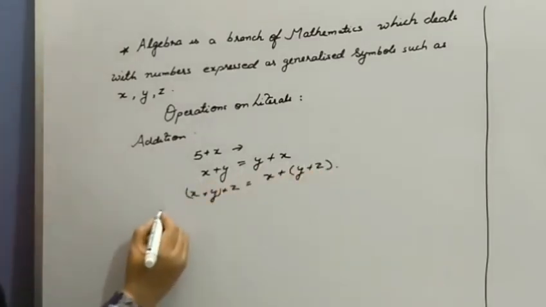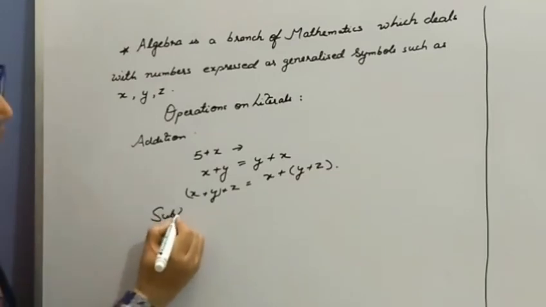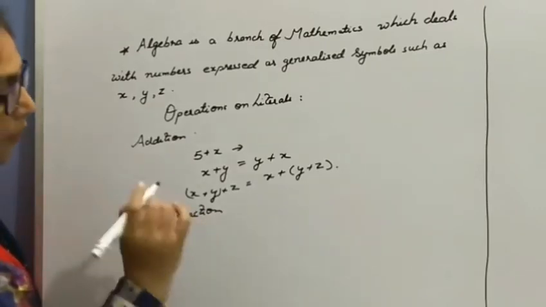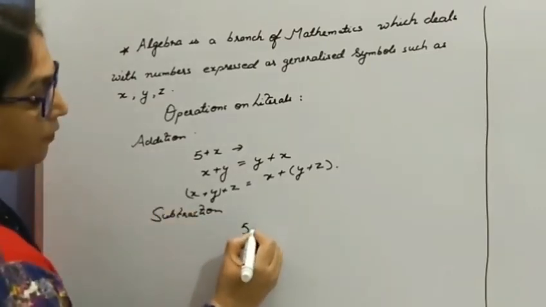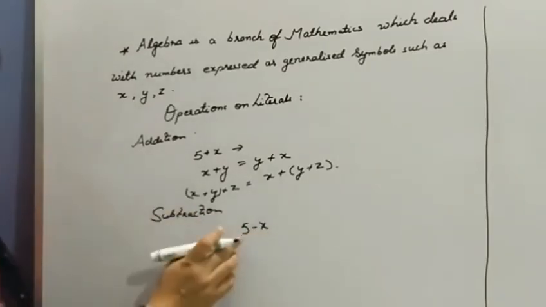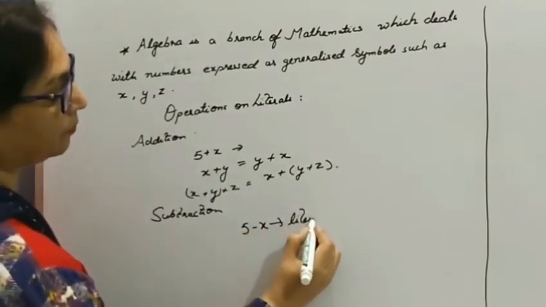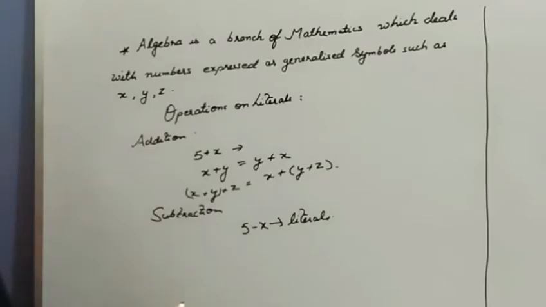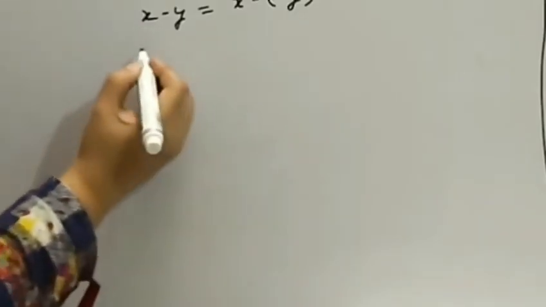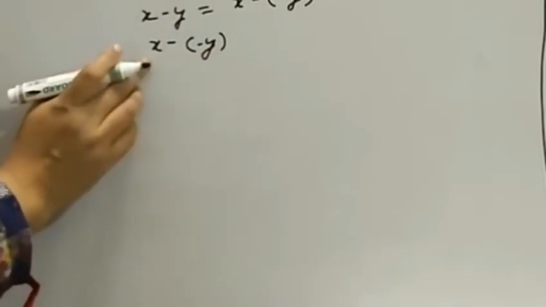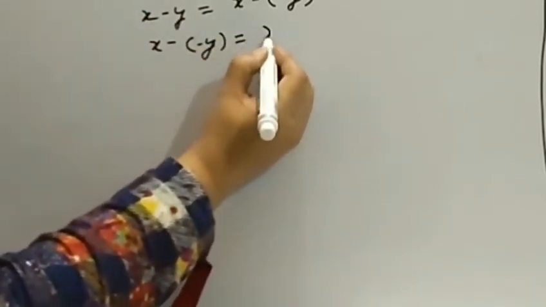Now let's move on to subtraction. In case of subtraction, when you subtract any literal from a fixed value, it remains literals. Next property, when you subtract any negative number from x, it remains x plus y.